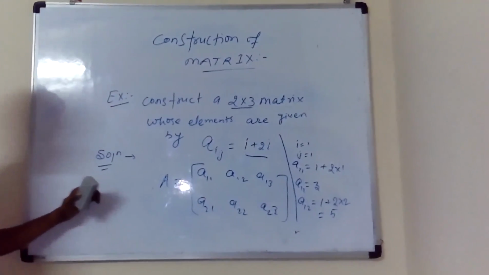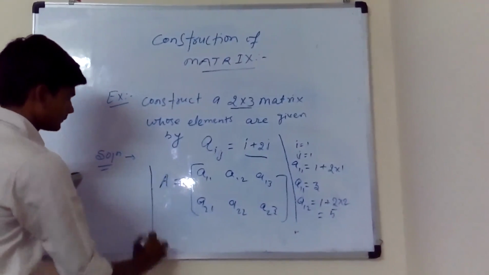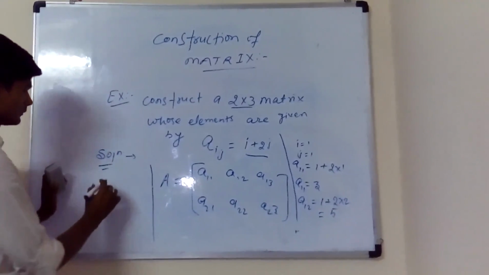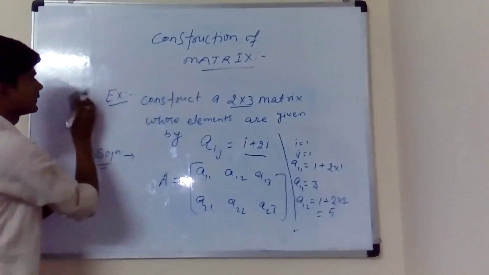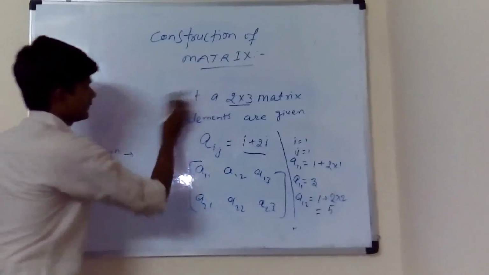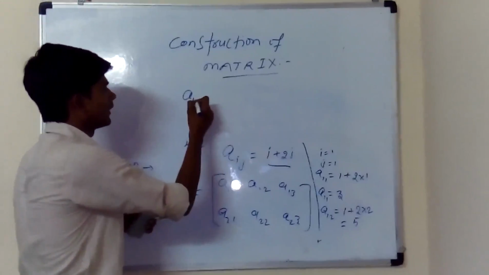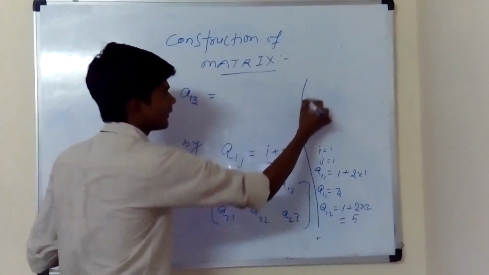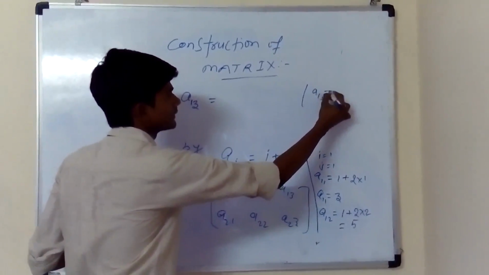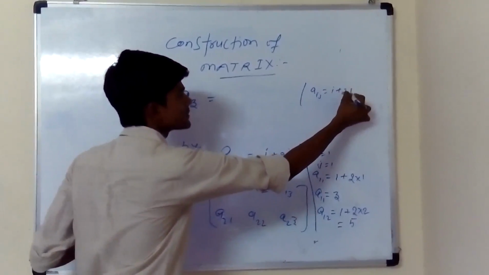Okay, now A13. So what is the relation? The relation is A of ij is equal to i plus 2j.